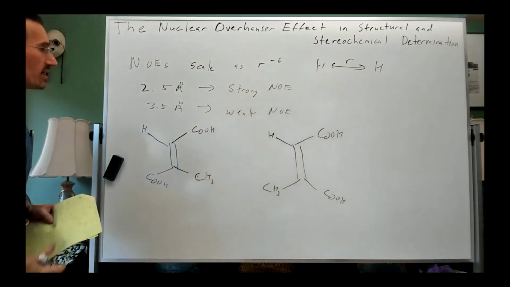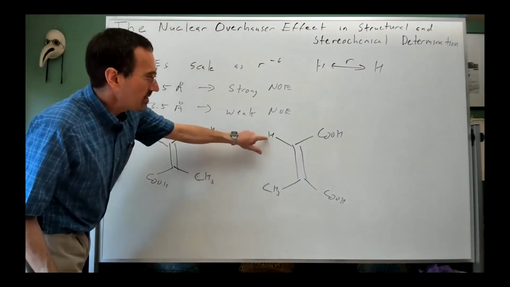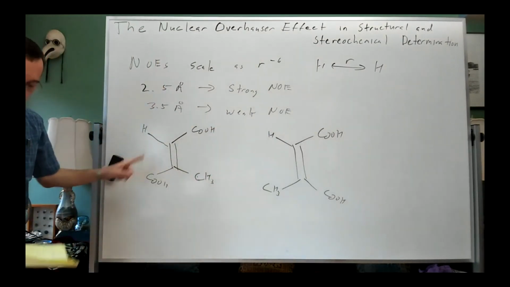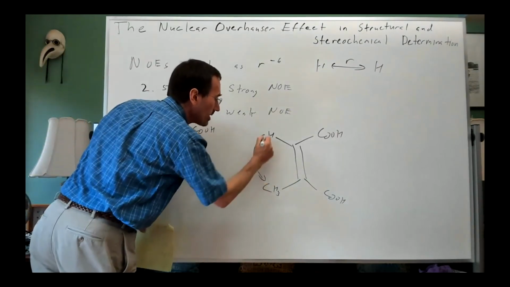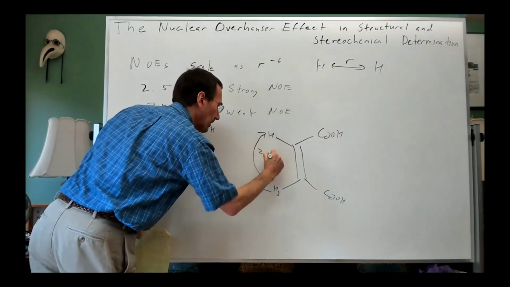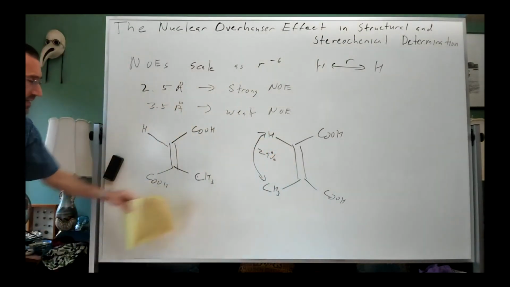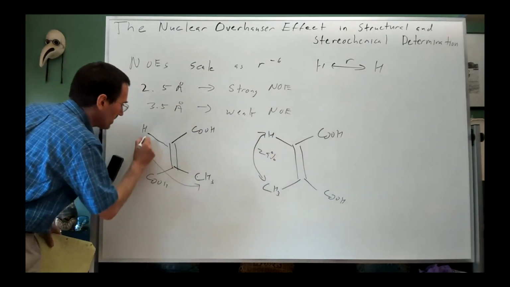So basically, in one isomer, the methyl group is cis to this hydrogen. In the other isomer, the methyl group is trans. And in the cis isomer, in this particular example, he gets a 29% NOE. In the trans isomer, the NOE is much smaller, it's 6%.